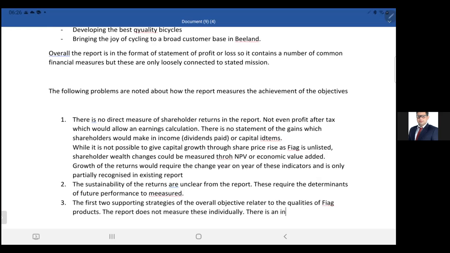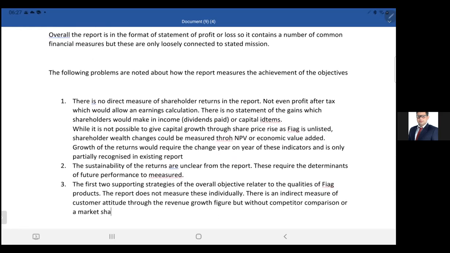There is an indirect measure of customer attitude in the revenue growth figure, but without competitor comparison or a market share, it is not possible to draw conclusions about the quality of products.